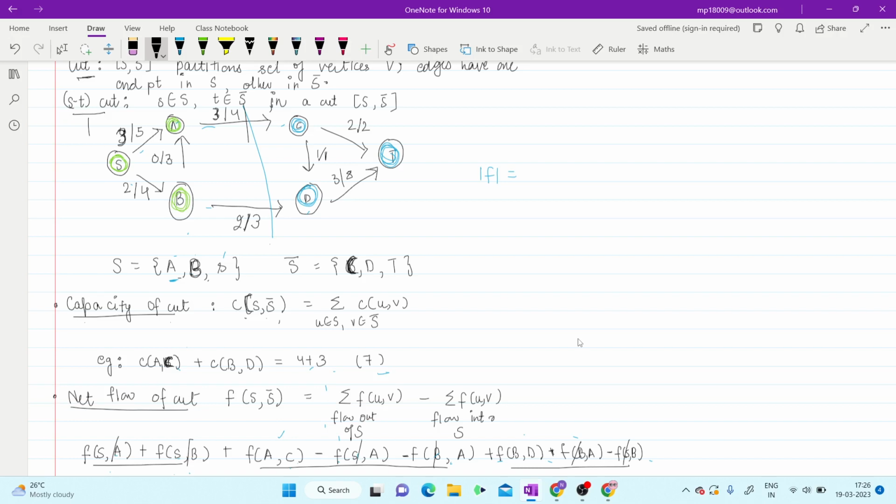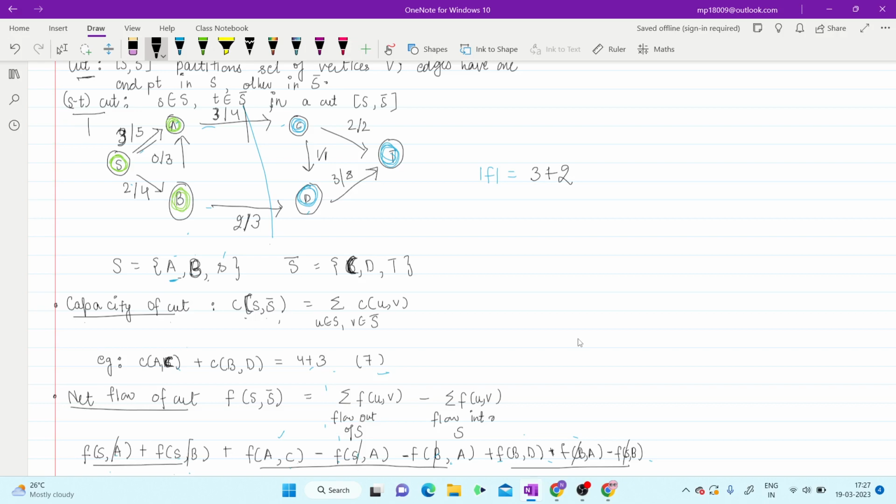We have just seen what the flow is. Flow is basically either we compute all the flow values going out of the source vertex, or all the flow values going into the sink vertex. So what is the flow value for this network? 5. Yes, the flow value is 5. This was 3 plus 2.